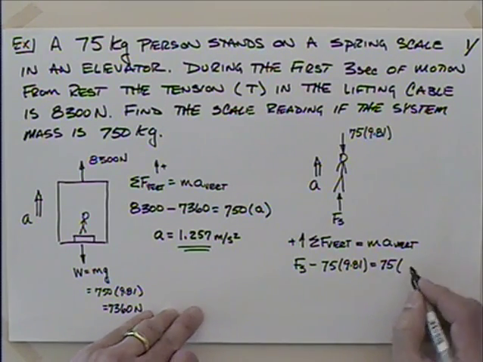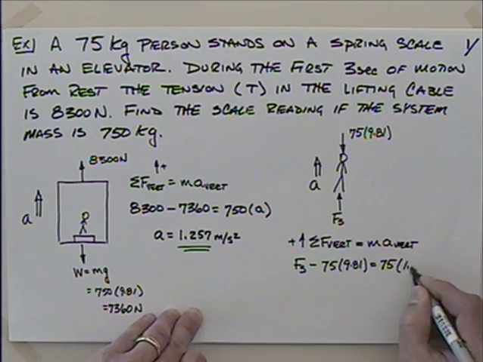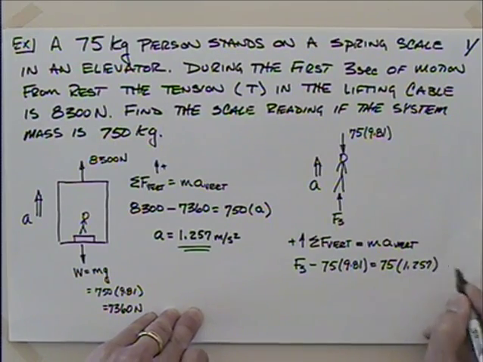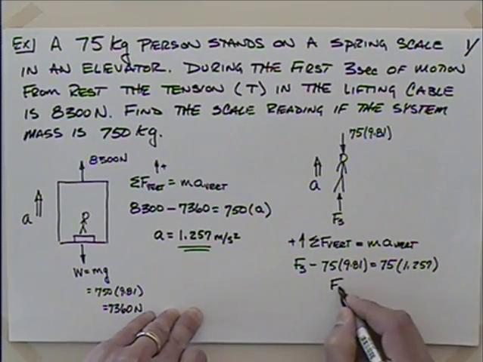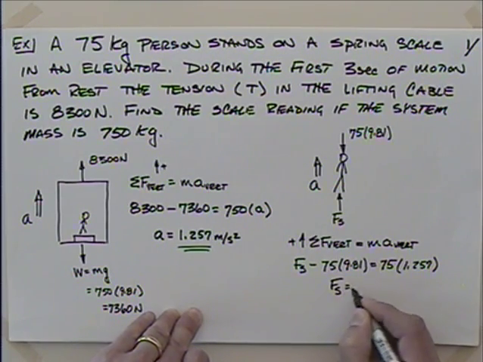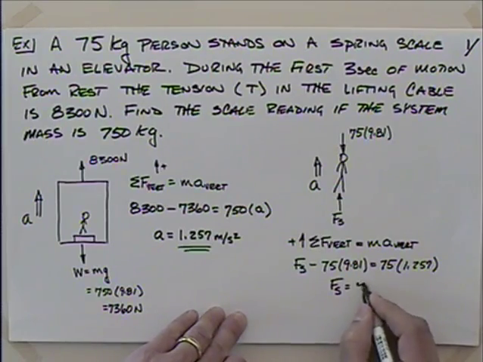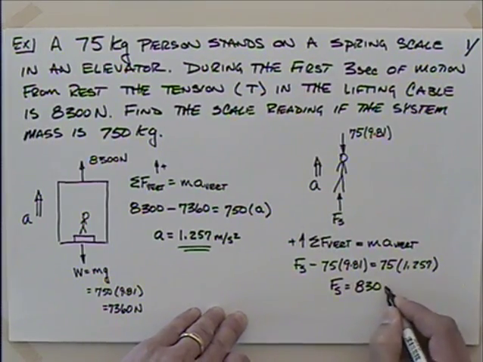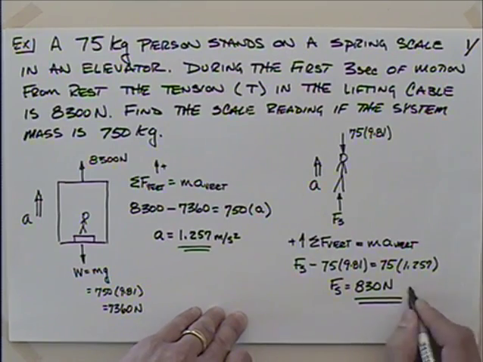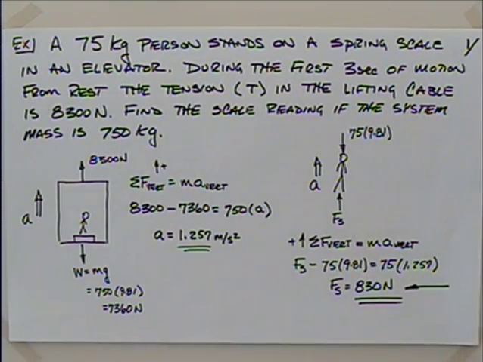Well, the acceleration, we'll take that as the acceleration of the system, 1.257. So we can solve for the force the scale is pushing on the person with, and that turns out to be equal to 830 newtons. So the spring scale would read 830 newtons.